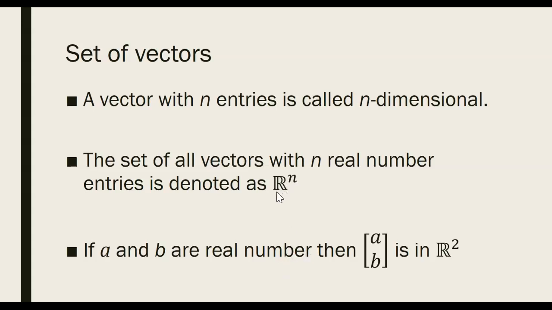R is the symbol for the real numbers, and then we use an exponent to mean we're n-dimensional. So for instance, if A and B are real numbers, then this matrix with a real number in the first row and a real number in the second row is a two-dimensional vector, and we say it is in R2. R2 is the set of all vectors with 2 real-numbered entries.